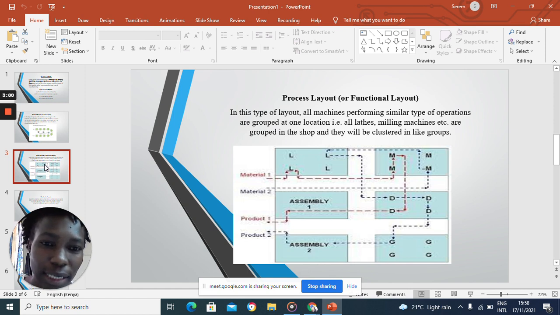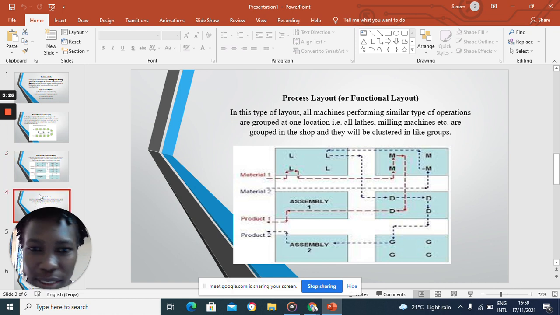If you see the red line, our product goes first to process number D, and then goes to process number M, and then goes to process number L. Yeah, the other way around, L, M, D, and then finally we assemble, we have our first product. So the layout in this design is following the processes that the food is going to follow, rather as compared to the first one where we are following the product itself.